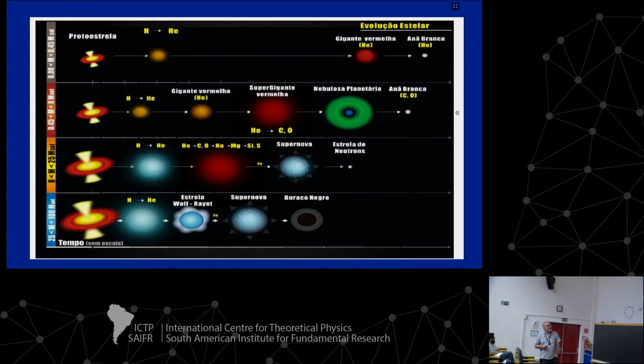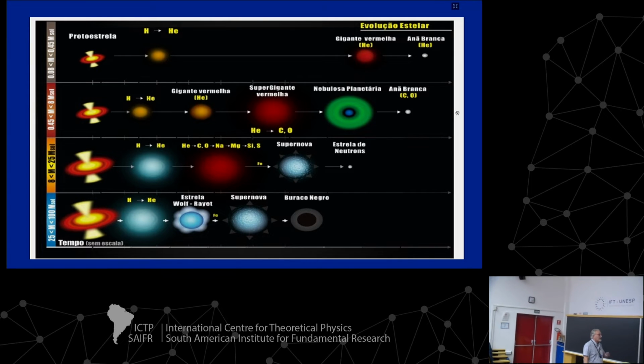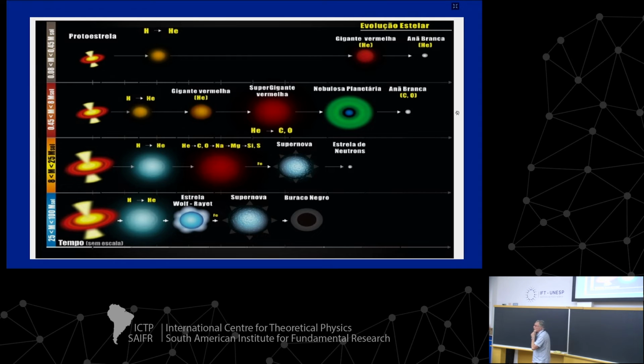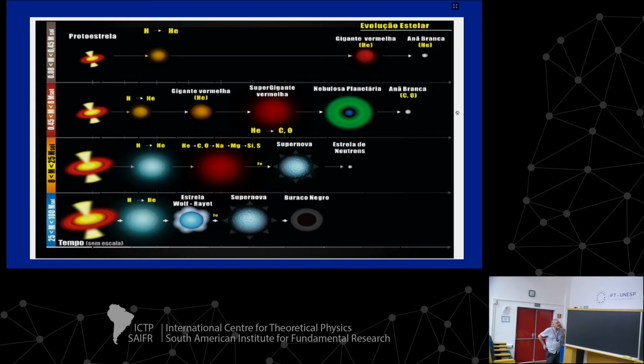And at the end, you have the iron, this very dense material. And you know that after the iron, nuclear physics, or nature, shows us that you cannot get fusion. If you want to fuse heavier elements, you need to give energy to the system. So it's not favorable, or it's not exothermic, in some sense.